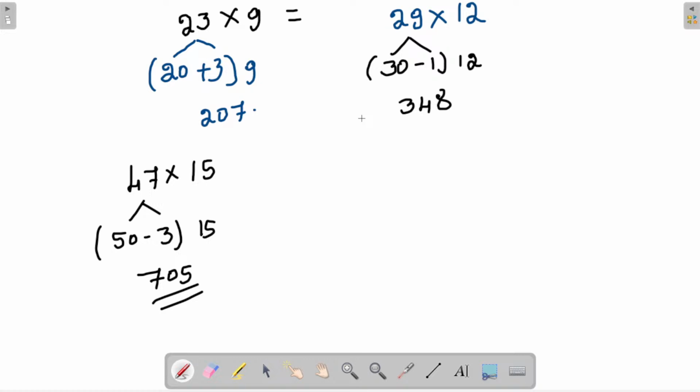Then we'll come to multiplication. Addition. Now addition, how to do it?